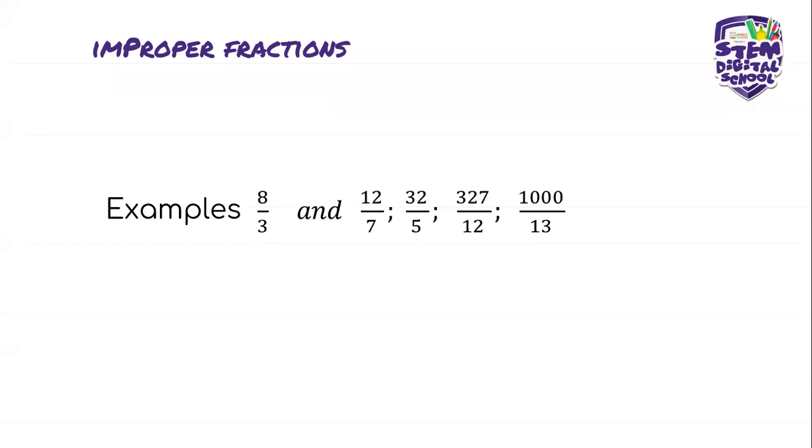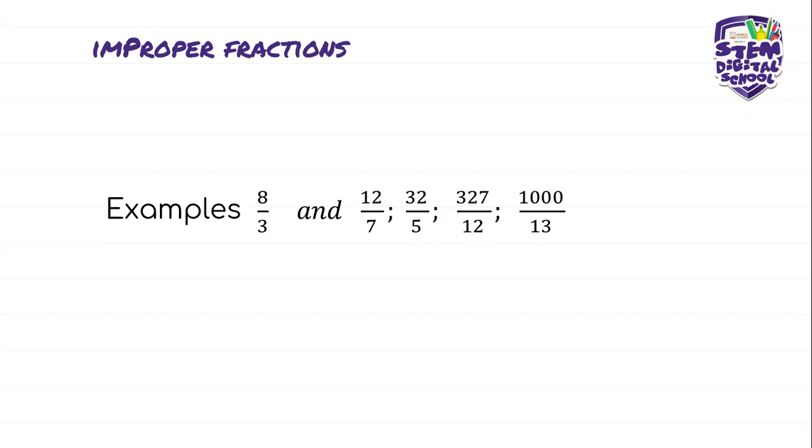Now, the improper fractions, as you know, the numerator will always be bigger than the denominator. And the example here is 8/3. So you can see that 8 is bigger than 3. And 8 is the numerator, 3 is the denominator. Therefore, we call this fraction an improper fraction because the numerator is bigger than the denominator.